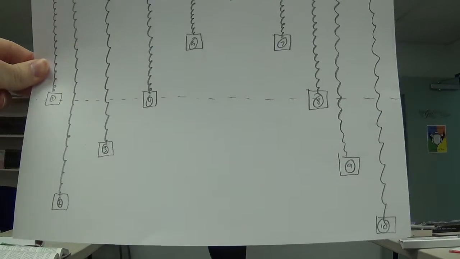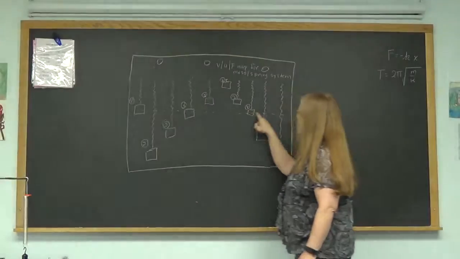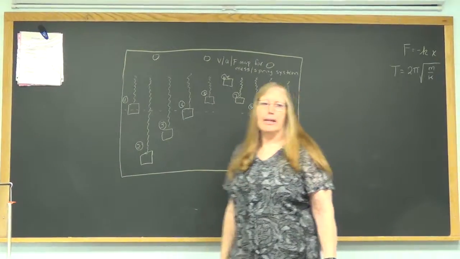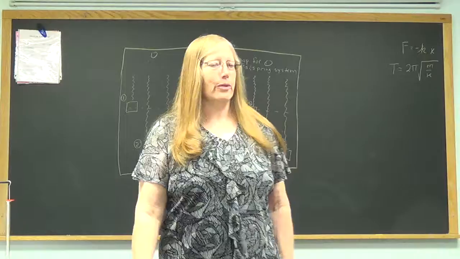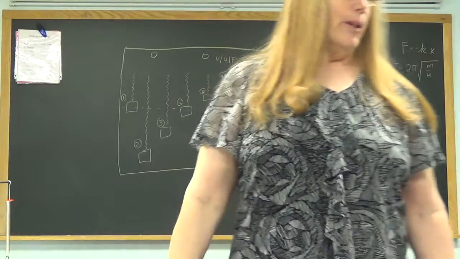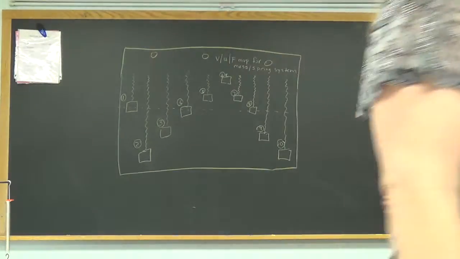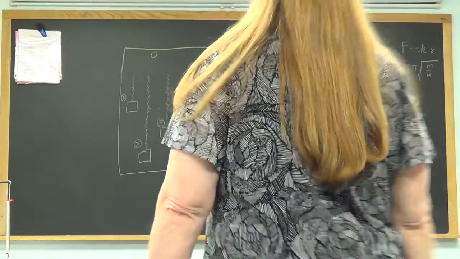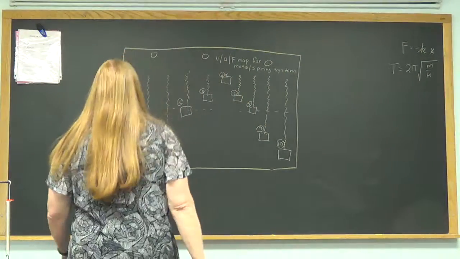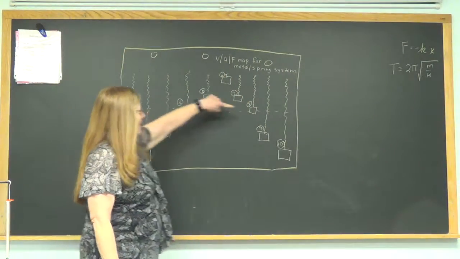So I want you to draw a dotted line that represents the equilibrium position. How many should it go through, John, if I'm putting it through equilibrium? How many times does the spring reach equilibrium? 3 times.